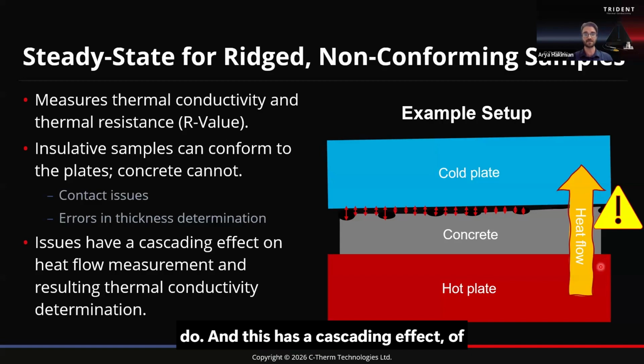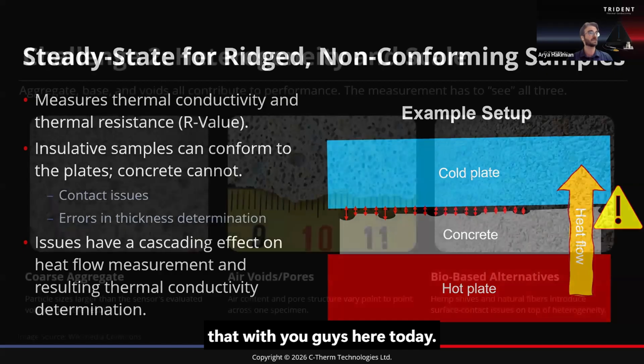And this has a cascading effect, of course, on your outputted results. So again, we won't focus much more on steady state in today's presentation, but it is a challenge that I've seen some groups echo in the past, and just wanted to share that with you today.